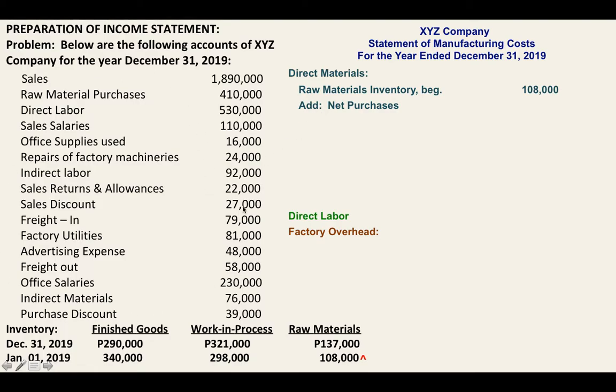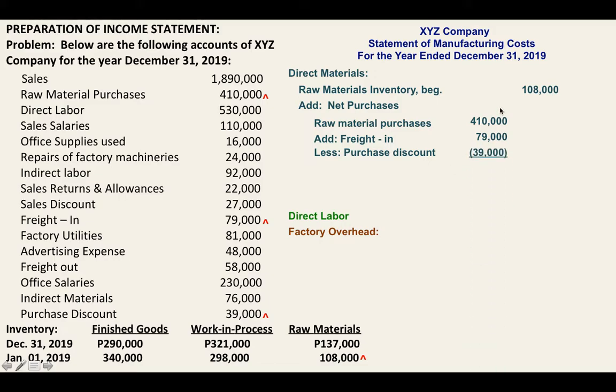And now we have to add the net purchases. So let us take a look at this. Because we are going to add the net purchases, you have here raw material purchases of 410,000. Because there is information about freight in, we have to add freight in, okay, and we have to deduct purchase discount.